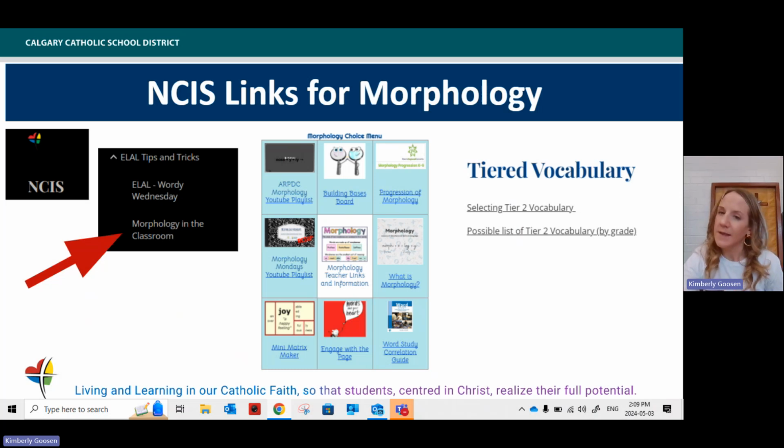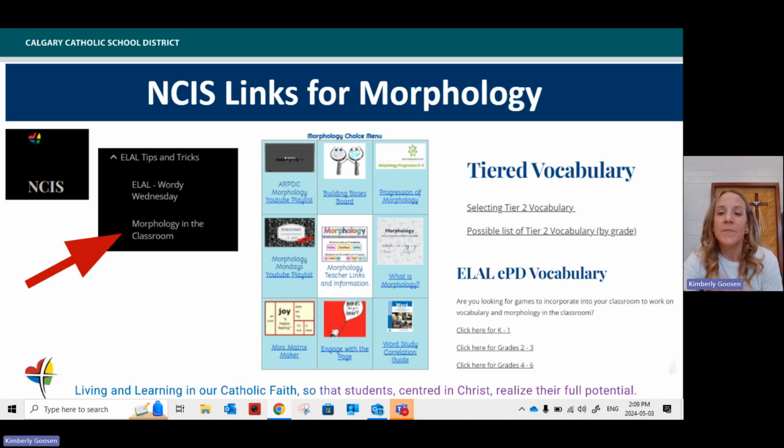There is no list from the curriculum, but it gives you a general guide of what kind of words for each type of tier 2 by grade. The list is all linked there. As well, from the ELAL EPD, I've linked some vocabulary games that can be played in the classroom. So you don't have to go down the rabbit hole of the EPD. You can just go to this place on the NCIS site to find everything you need.